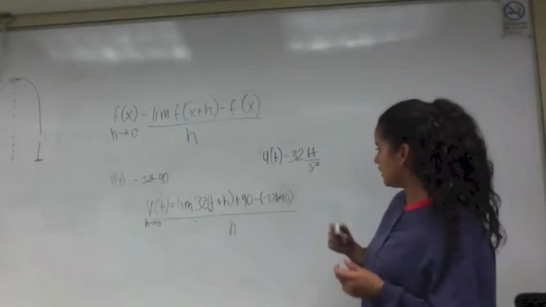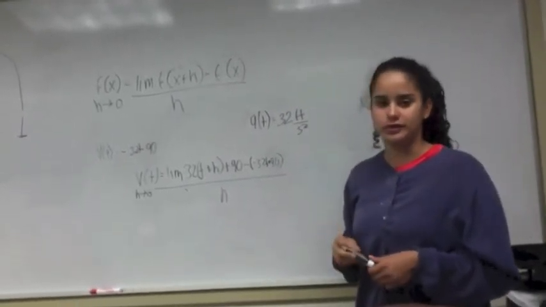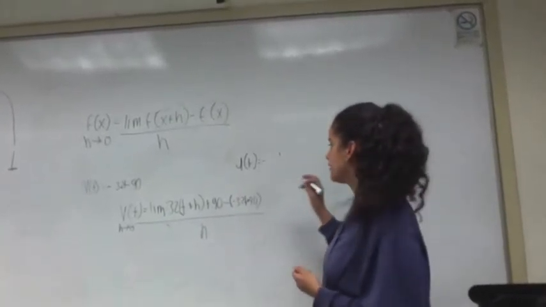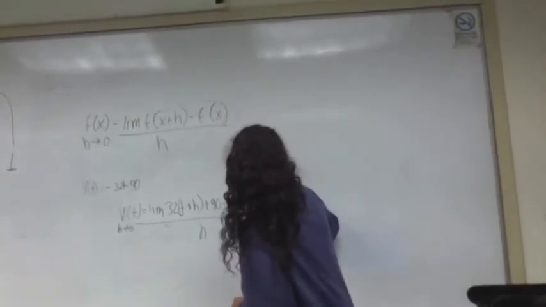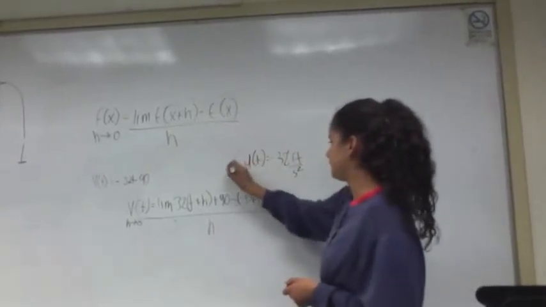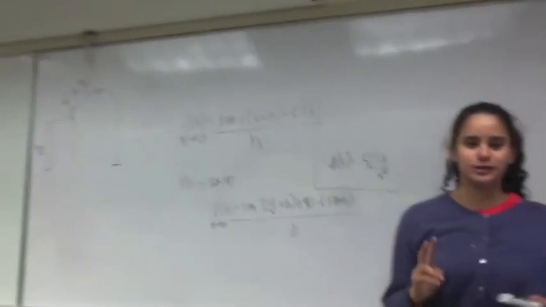After simplifying the result, the final answer is acceleration equals negative 32 feet per second squared, and this is our acceleration after 2 seconds.